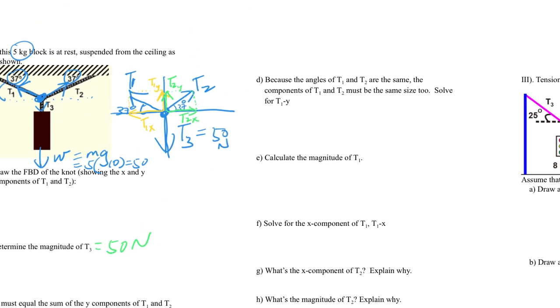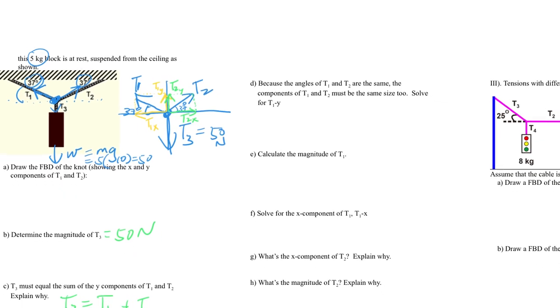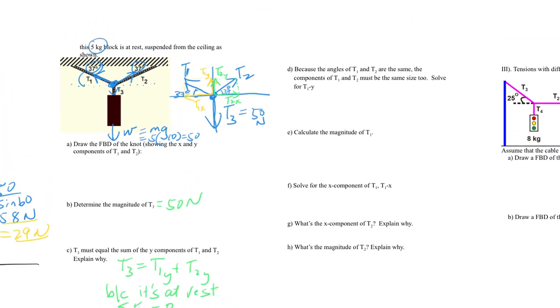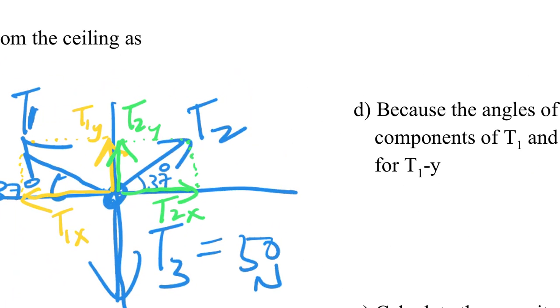Okay, so solve for T1y. Well, look at this picture. T1y plus T2y equals 50. And these two guys have to be exactly the same, because the forces that the y components are, T1 and T2, are identical.